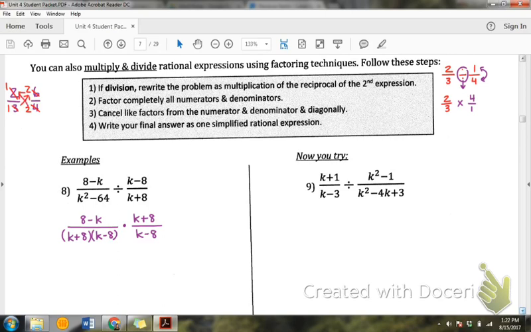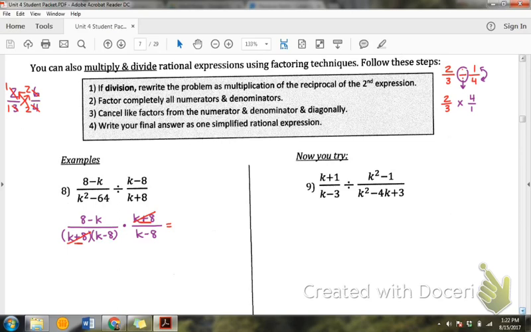If we look at this example, I have a k plus 8 here and a k plus 8 up here. I can cancel them out, because if I were to multiply them straight across, eventually they would both be on top of each other. So instead of wasting time, I'm going to go ahead and cancel k plus 8 with k plus 8.